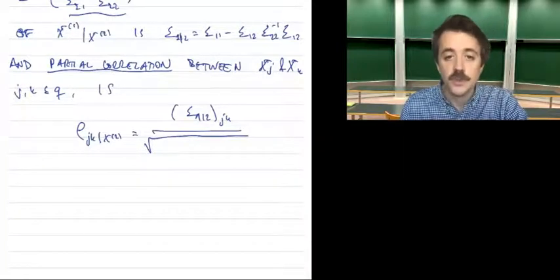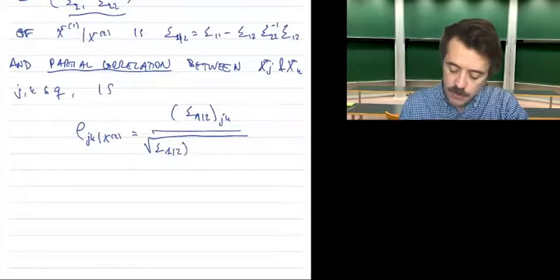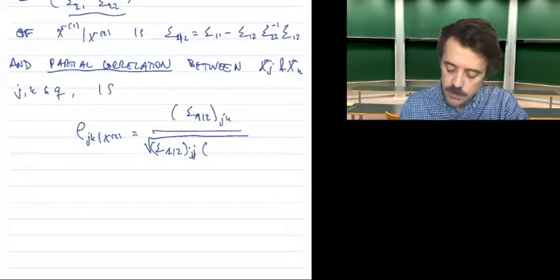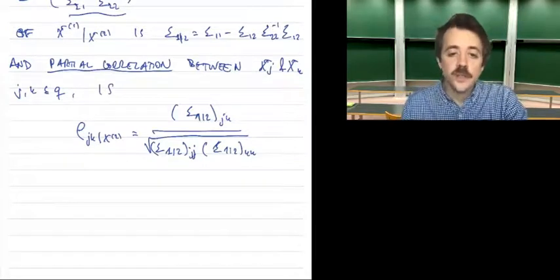Let's just take this, and this is for jj, times this, the Sigma_{1|2} kk. Okay.